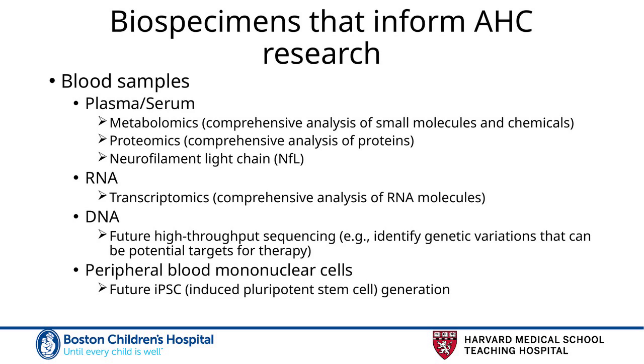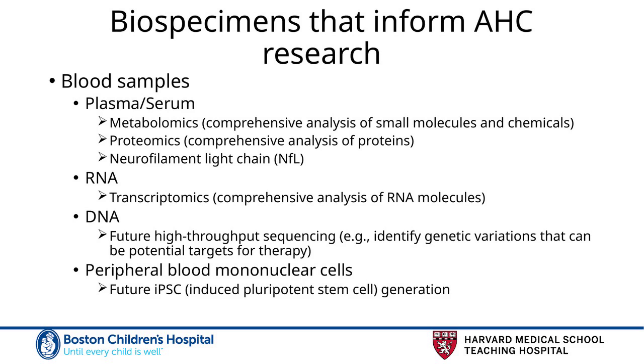From plasma and serum, we have many different molecules that we can measure. For example, we have metabolomics. Metabolomics is the entirety of small molecules called metabolites in the blood, starting from blood sugar and amino acids and so forth.